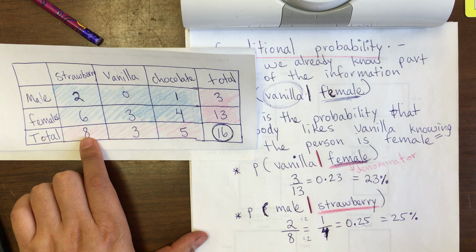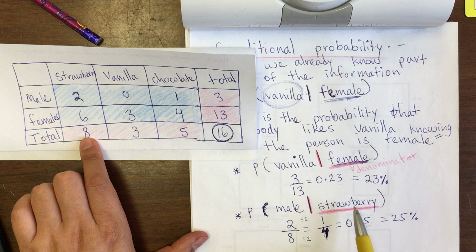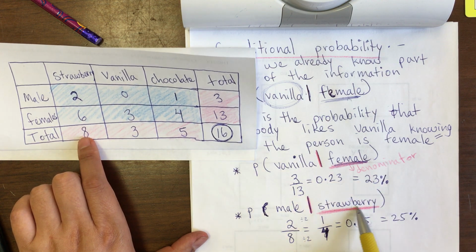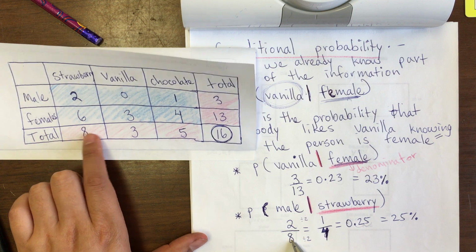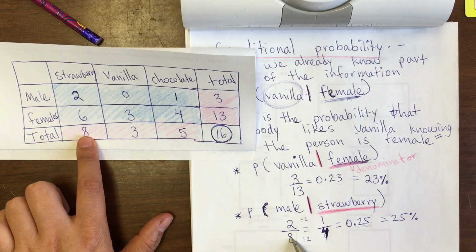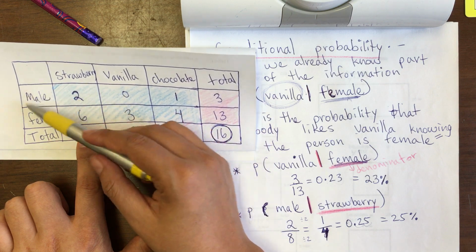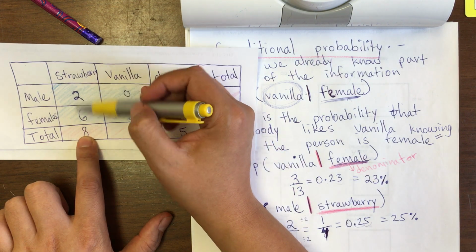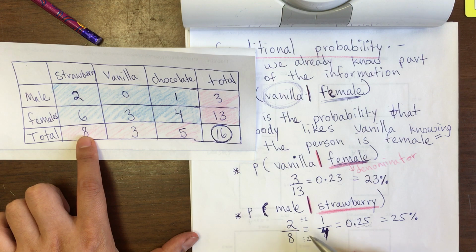Okay, again, when you have conditional probability, this tells me the number in the denominator, and it's only on the margin. Once I find that number, I just go look at the second category. In this case, for the males, out of the strawberry, males is 2, and so that's my numerator.